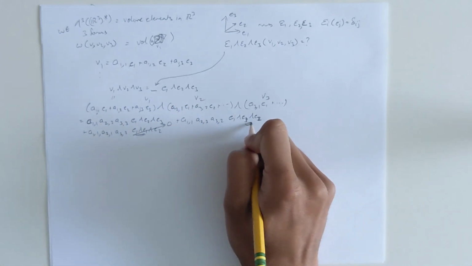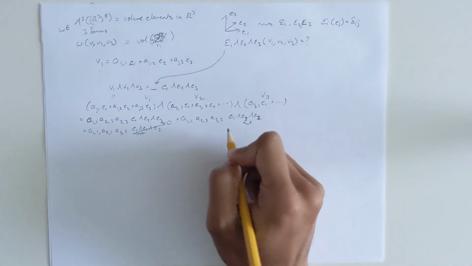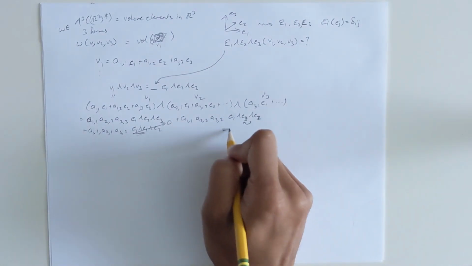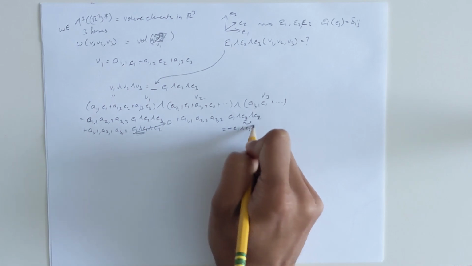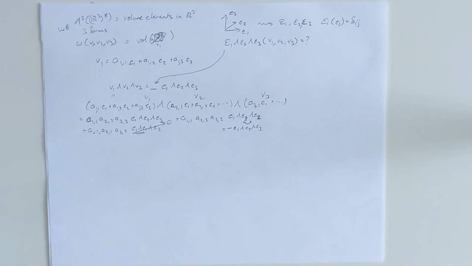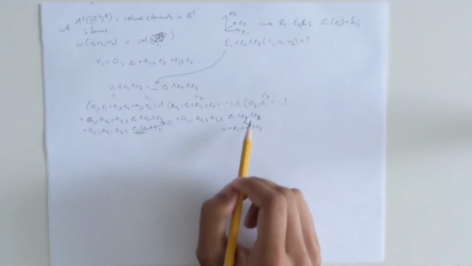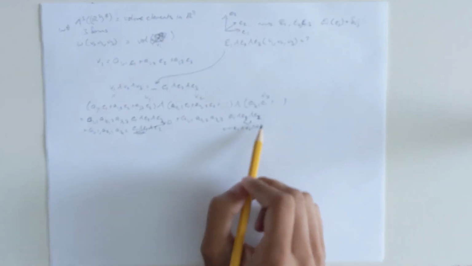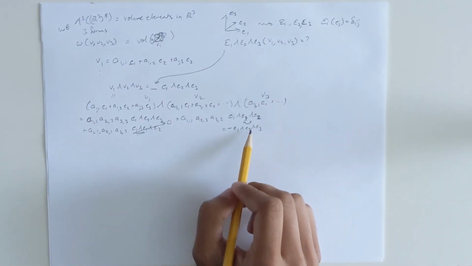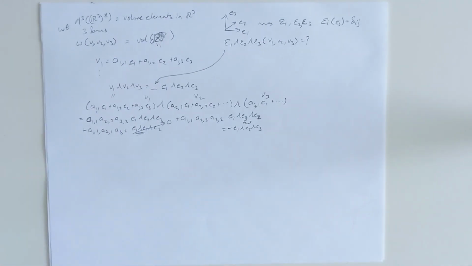What we have to do is swap these two around. And remember that we can do that by picking up an overall negative sign. So this is negative E1 wedge E2 wedge E3. And that overall negative sign corresponds to the fact that the parallelepiped spanned by these three vectors is the same as the parallelepiped spanned by these three, but with an opposite sign.